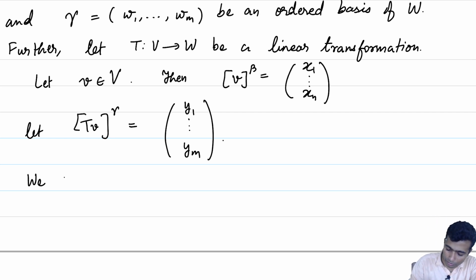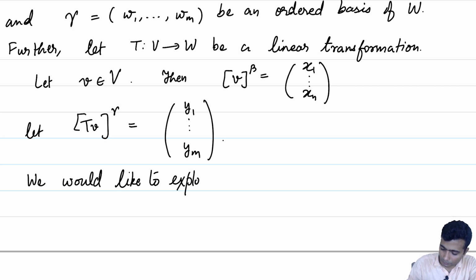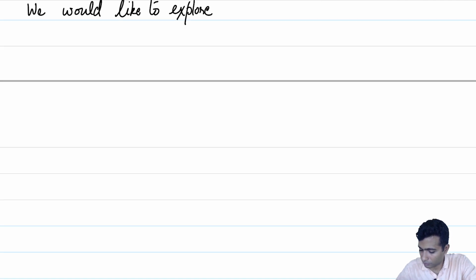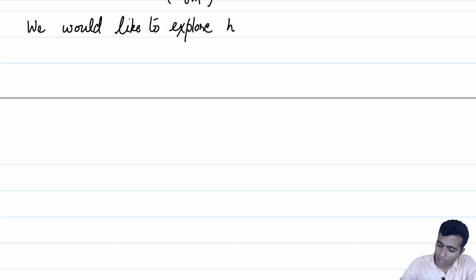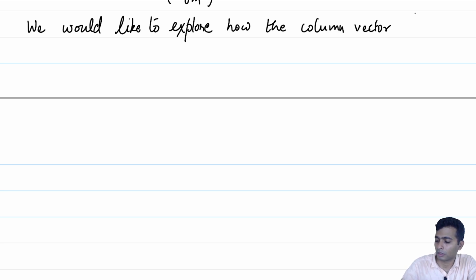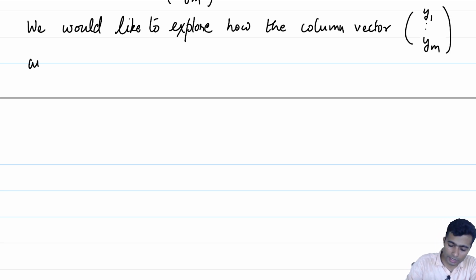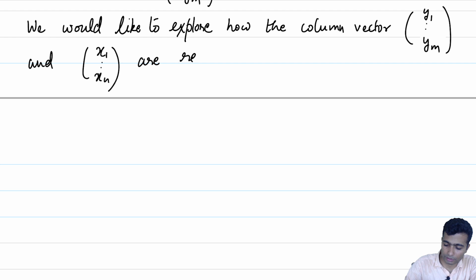So, we would like to explore how the column vector y1 to ym and the column vector x1 to xn are related.